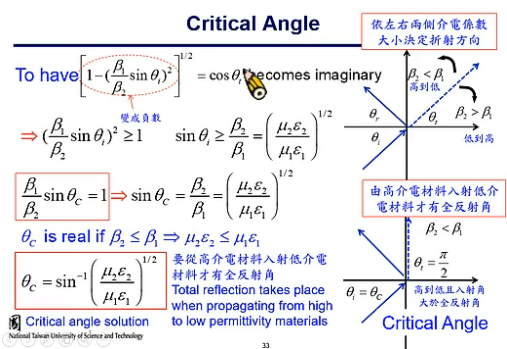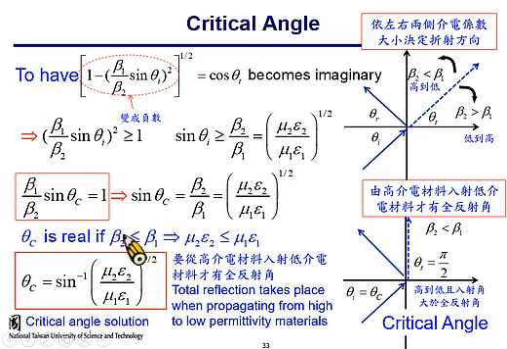To have an imaginary solution, if you want to set cosine theta t to an imaginary number, then this part must be smaller than 0. So the requirement becomes that this thing must be greater than 1. When this thing equals 1, you have the so-called critical angle.